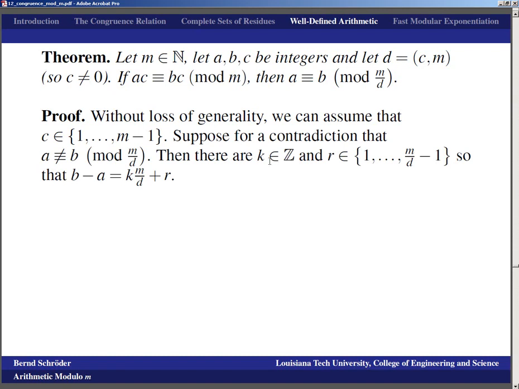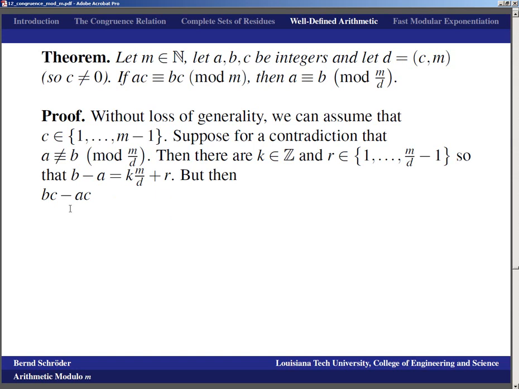Well, that means that there is an integer k and a remainder r between 1 and m over d minus 1, and it's important that r has to be smaller than m over d, so that b minus a is equal to k times m over d plus r. So the division of b minus a by m over d does not give us a remainder 0. That's what it means for a to be not congruent to b modulo m over d.